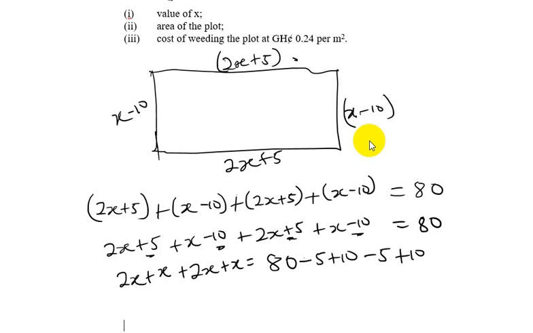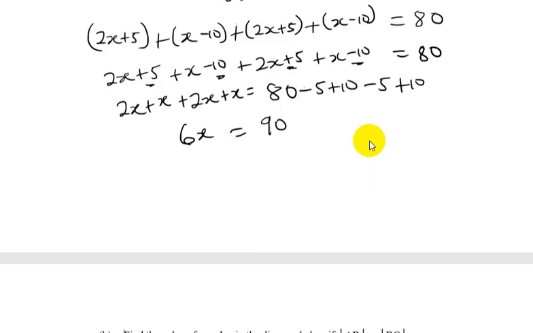So 2x plus x is 3x, 3x plus 2x is 5x, plus x is 6x. For the numbers: 80 minus 5 is 75, 75 plus 10 is 85, 85 minus 5 is 80, and 80 plus 10 is 90.